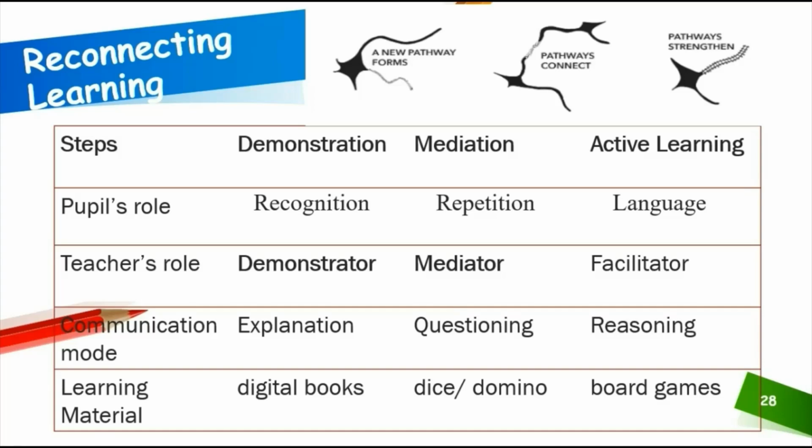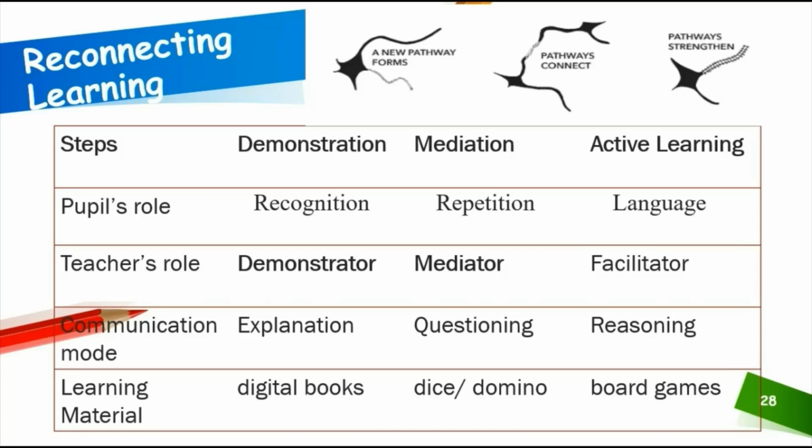Then active learning lets the pupils use or practice their mathematics skills. The pupils' role is to recognize the learning process, do repetitions of the learning process, and use language to do reasoning. The teacher's role is to demonstrate, mediate the meaning to the pupils, and facilitate the pupils during the active learning stage.